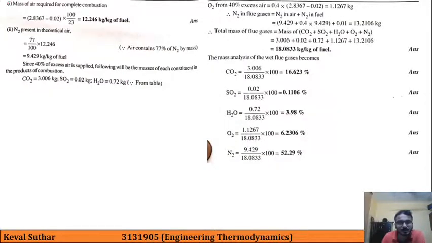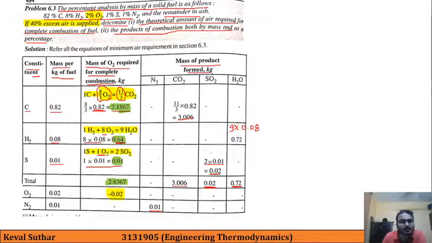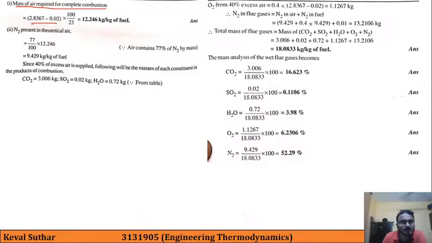The mass of air required for complete combustion is given by this formula: the total oxygen required, 2.8367 minus the oxygen already present, multiplied by 100 divided by 23. So the final answer is 12.246 kg of air per kg of fuel.